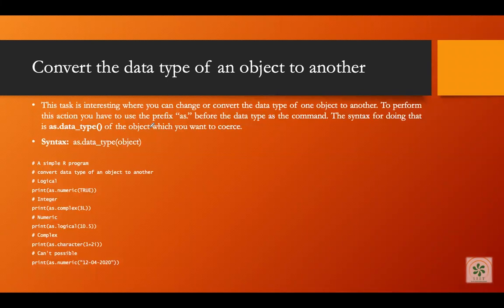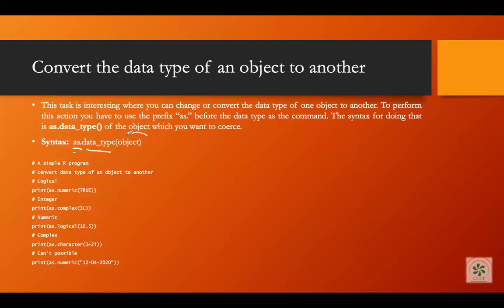Now the next topic is the conversion of one data type to another data type. If I want to convert one data type to another, I can do it. How can I do it? I'll use the keyword as, then the dot operator, then the data type which I want to change to, and the object.